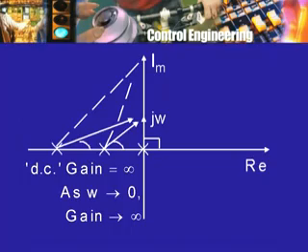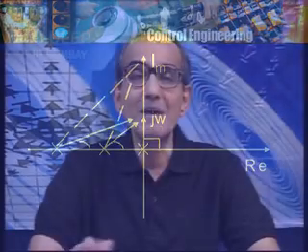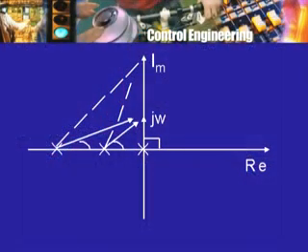The next piece of information is about the argument or the phase shift, and that again is not difficult to figure out. Here is j omega. Now, what do I have to do? The argument of GH j omega is the argument of A, which is 0 degrees, minus the sum of the 3 angles made by the 3 poles at the point j omega. Now, this time the pole at 0 makes an angle of 90 degrees at this point j omega, and this angle remains constant as omega varies.